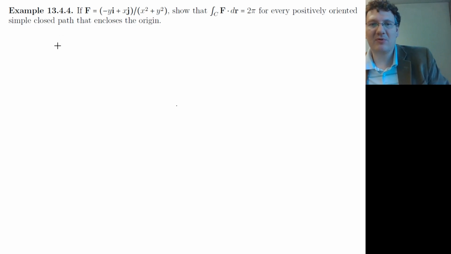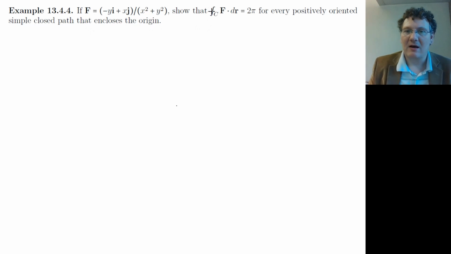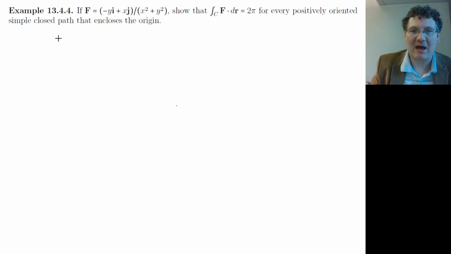So here's an example of that. f is given here. It's negative y i plus x j over x squared plus y squared. We want to show that the integral of f dot dr is 2 pi for every positively oriented simple closed path that encloses the origin. So here's the idea.